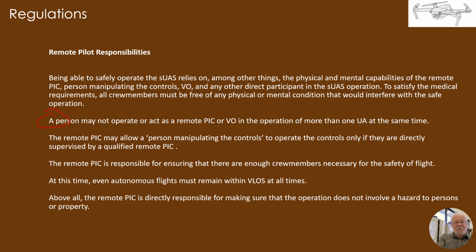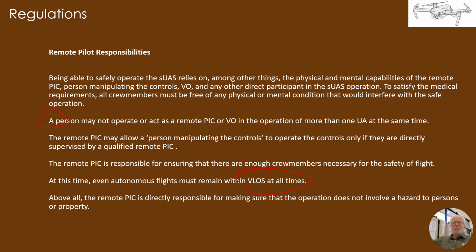Any flight, whether it's autonomous or anything, you must always maintain VLOS. What's VLOS? Visual line of sight at all times. In order to maintain visual line of sight, you may not use binoculars only. You can use binoculars briefly when you see something out there and think, well, that might be an airplane, or it might be a bird.